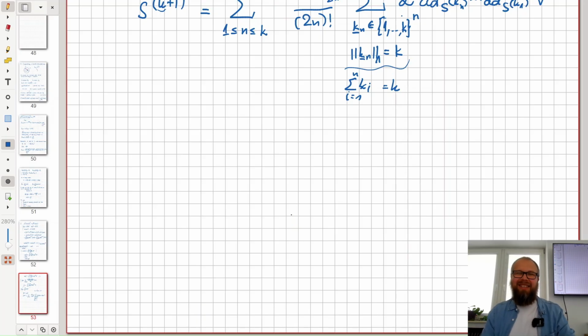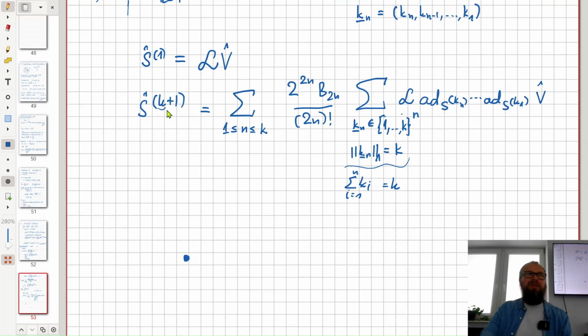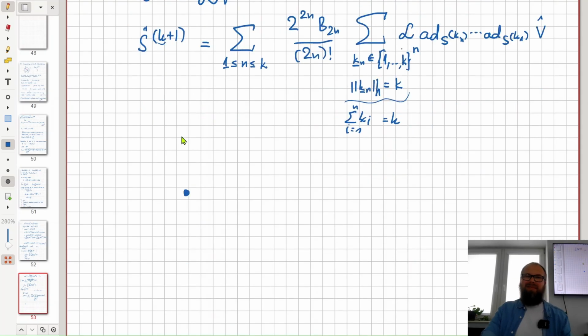But yeah, let me draw a diagram and then explain what's going on here. So actually the second order diagram will be 0, as it turns out. Actually, S2 is 0, which you can work out if you write it down.